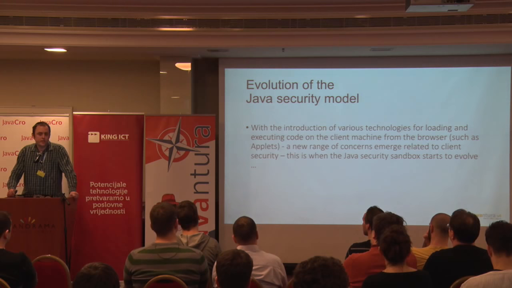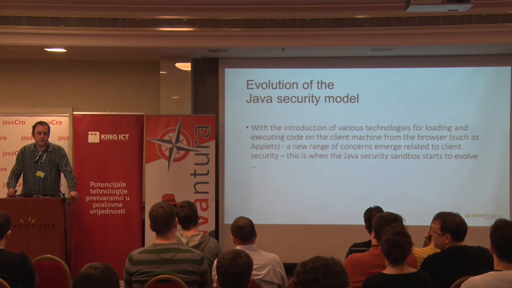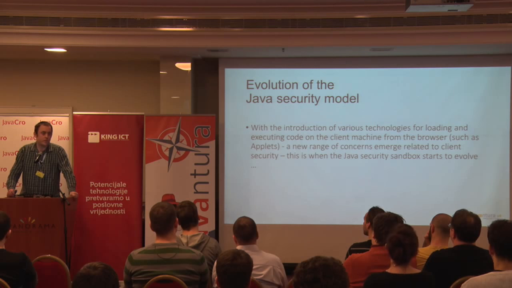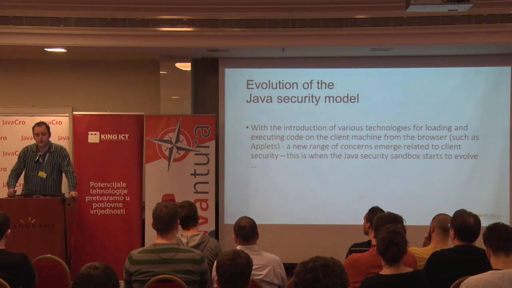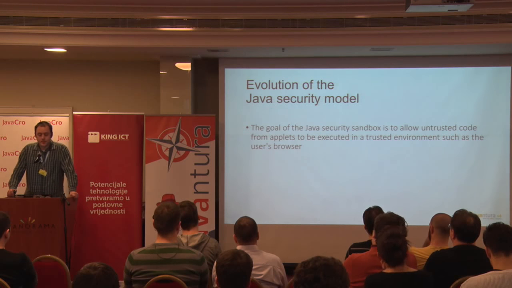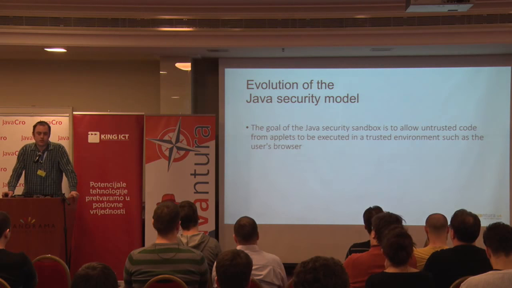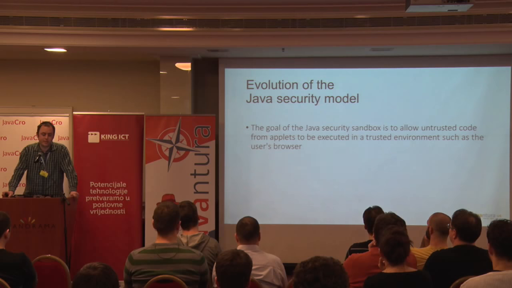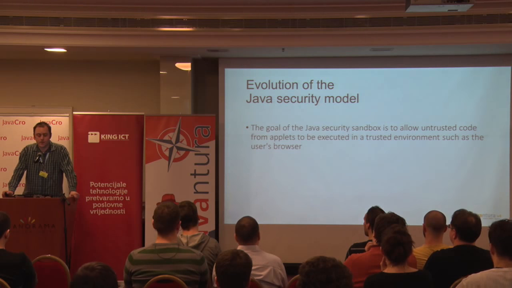And the idea of the Java security sandbox model is to deal especially with that kind of problem, the execution of source code from a managed environment, which is the browser itself as well. The goal is to allow untrusted code from third-party sources, such as applets, to be executed safely in an environment such as your own PC.